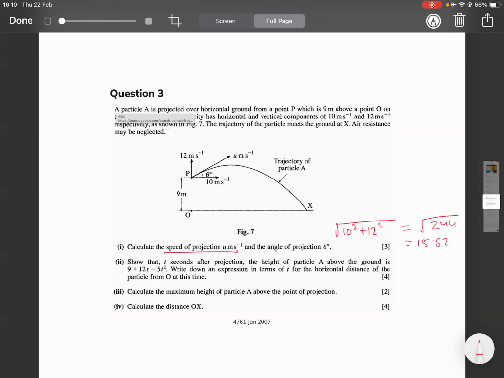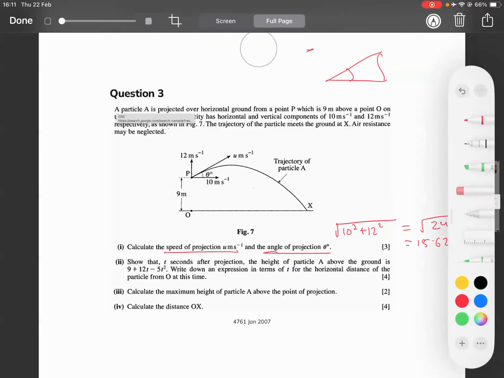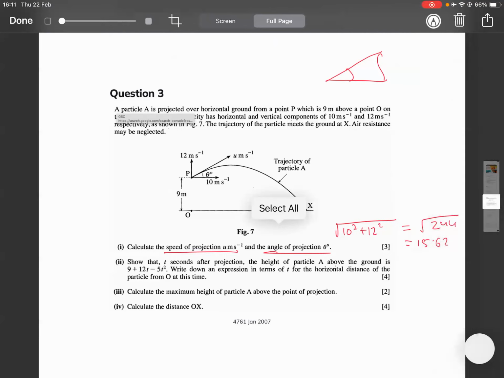Okay. And the angle, you just do trigonometry. So 10, 12, and work out that angle. Or you can do 12, 10 and work out that angle. It doesn't actually matter. But you want the angle from horizontal, which is easier. So 10 and 12 and get the angle.